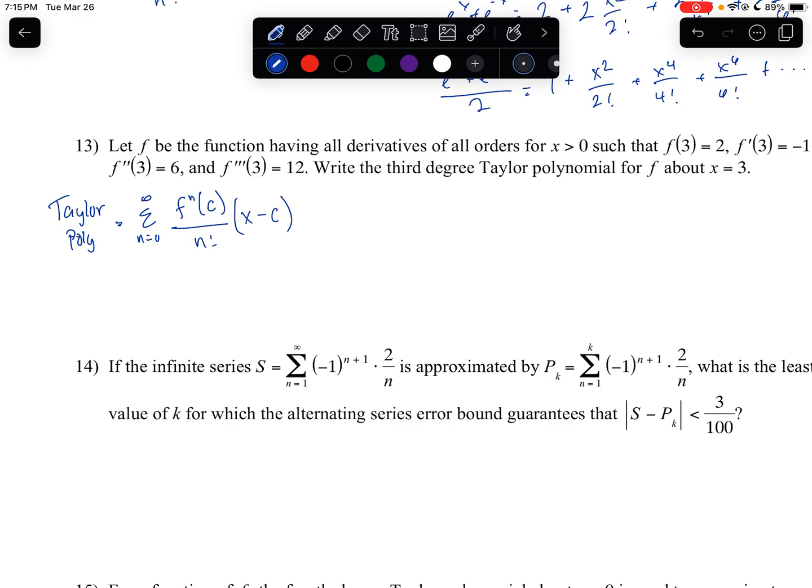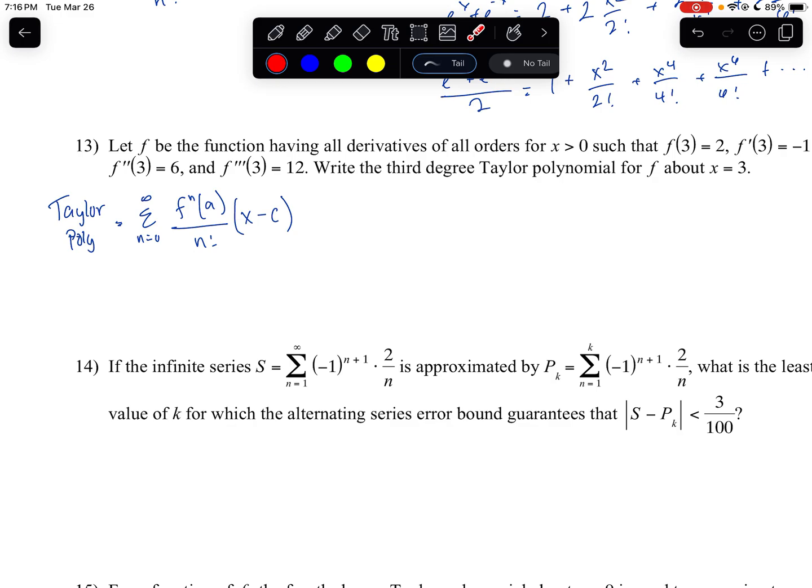Sorry, I probably misspoke. We're just going to say at some value of a. Okay? C is the center. A is where you're evaluating it at. So write a third degree Taylor polynomial for f about x equals 3.